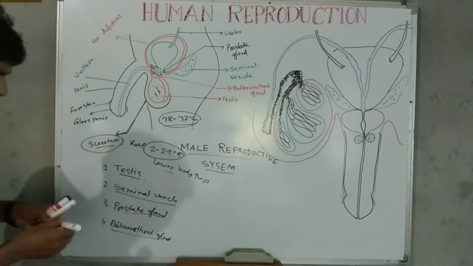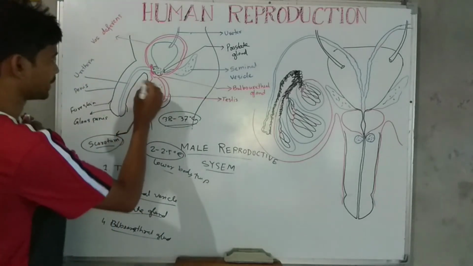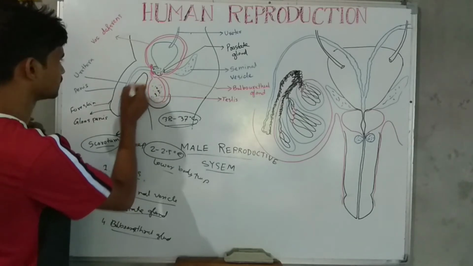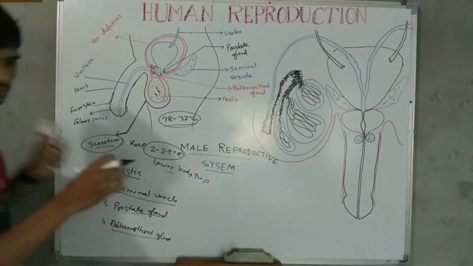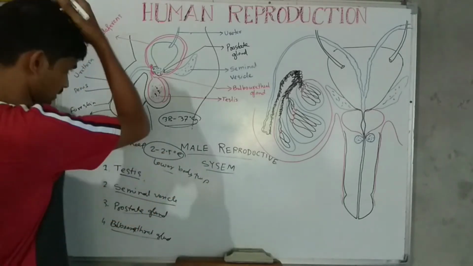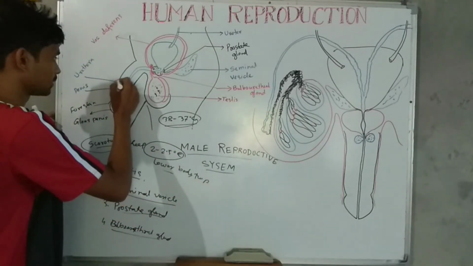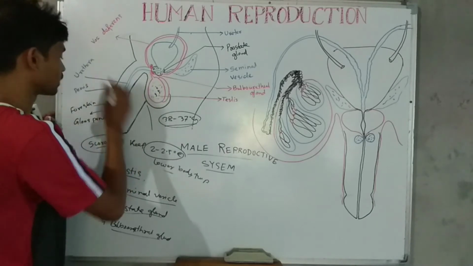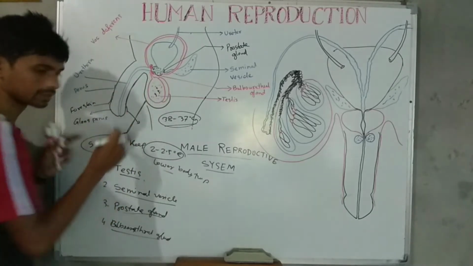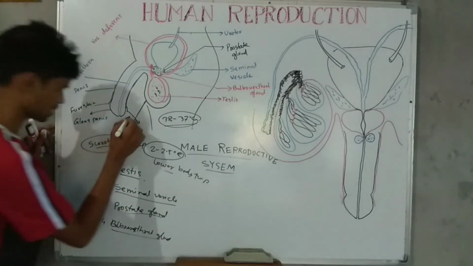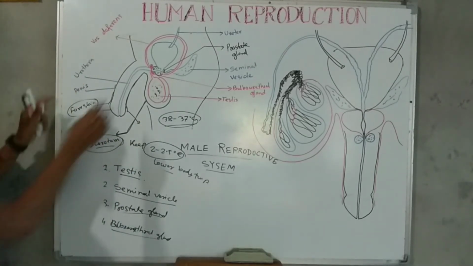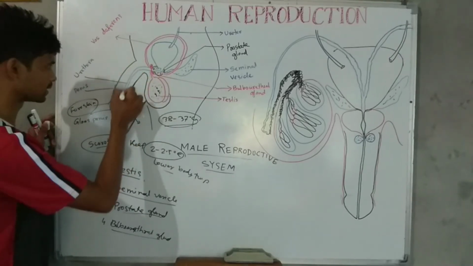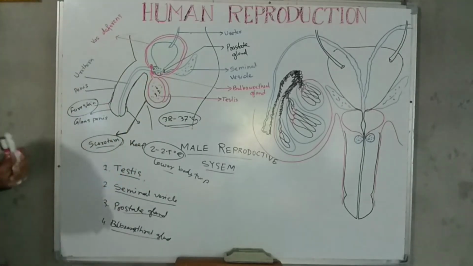And again, some other parts are the penis, the male organ. Over the penis there is skin, and it is called the foreskin. The tube inside is called the urethra.